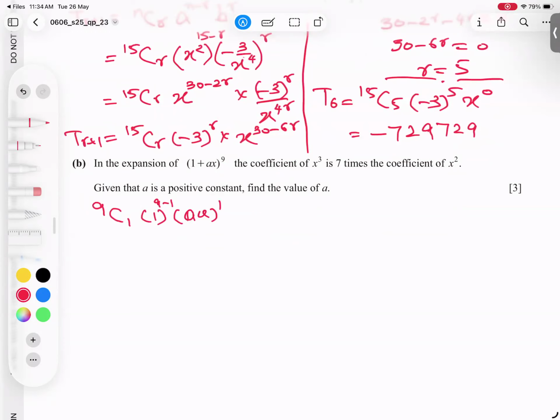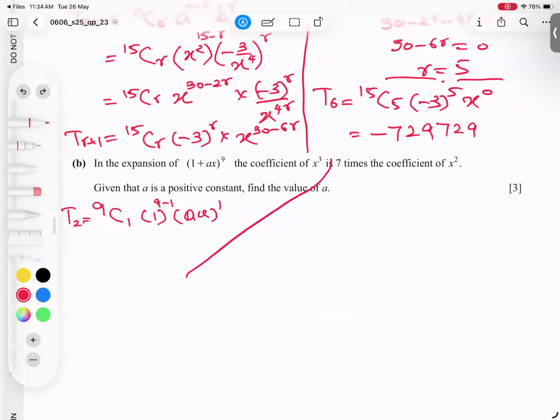It means this is term number 2, T2. How T2? Because 9C0 is the first term, 9C1 is the second term. So if we have a 2, the x power 1 comes. It means term number 2 and power is 1. So power is always 1 less than the term number in this condition.